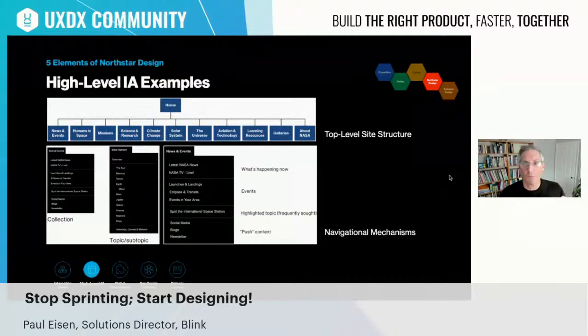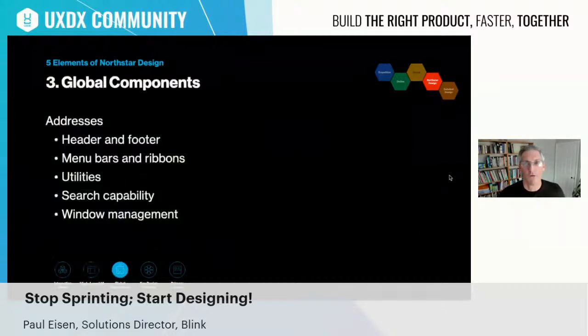Each of these types of menus have conceptual purpose, and so those need to be conceptualized and then navigation mechanisms designed to achieve those. All right, so interaction model and high-level IA. Now global components come into play here. So these are now the landmarks of your solution. They help you stay oriented.